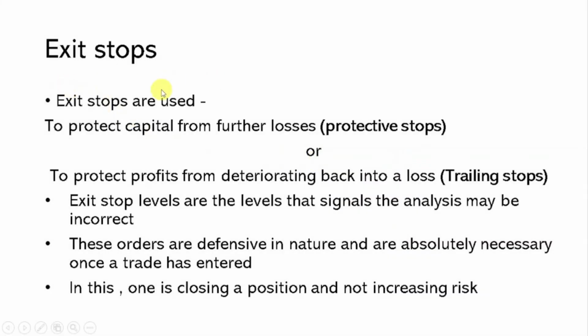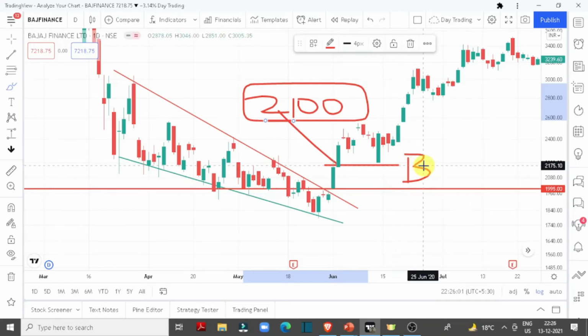Now let's talk about exit stops. There are two kinds of exit stops. One stop is used to protect your capital, and that is known as a protective stop. The other stop is known as a trailing stop. There are two situations which may happen. So let's go to TradingView again. Let's assume that you have bought Bajaj Finance at the 2100 rupees level. Now what can happen?